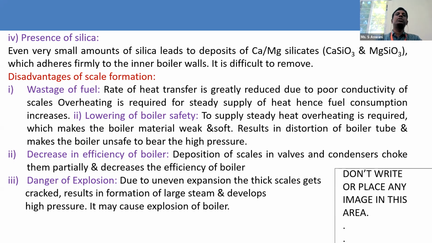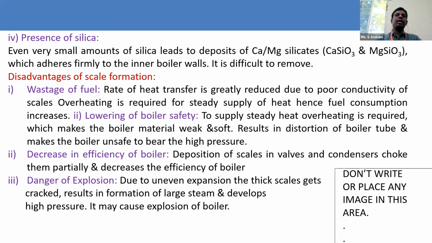And decrease in the efficiency of the boiler. We know that hard scale can form on the inner surface of the boiler. What happens? The deposition of scales in walls and condensers chokes them partially and decreases the efficiency of the boiler. Boiler efficiency goes down. And the danger of explosion.